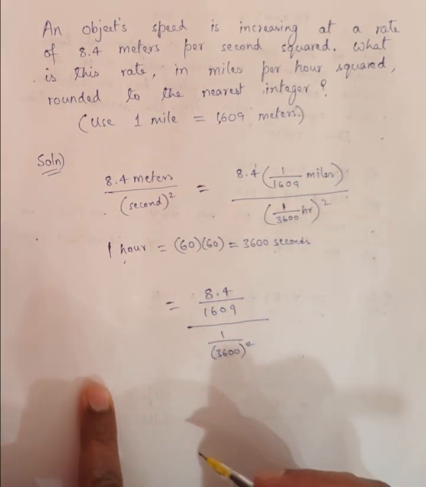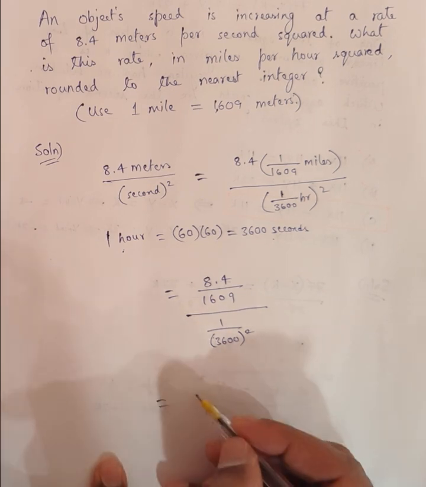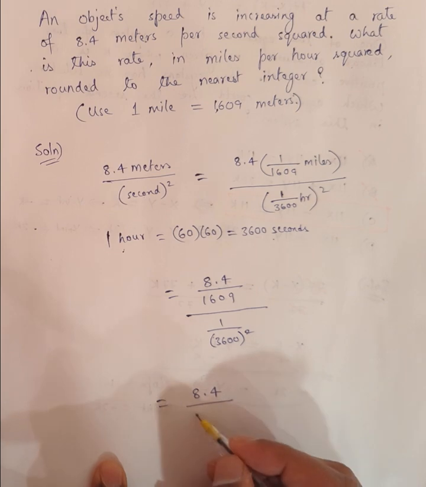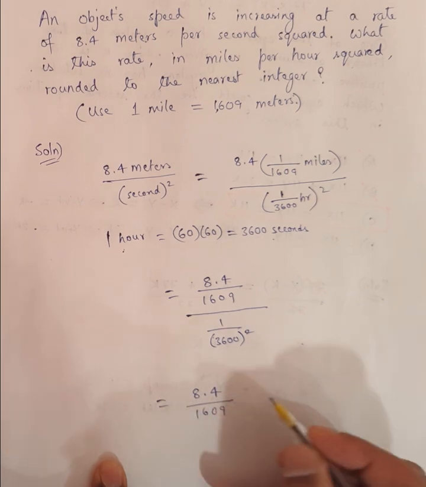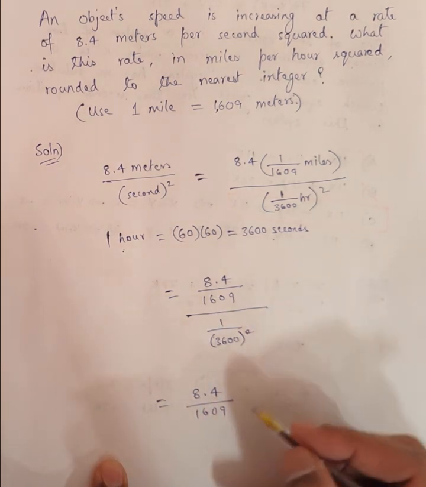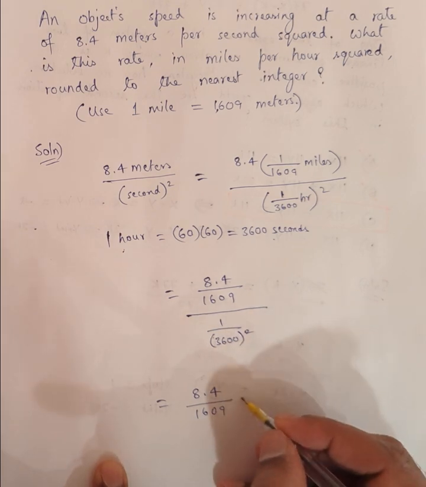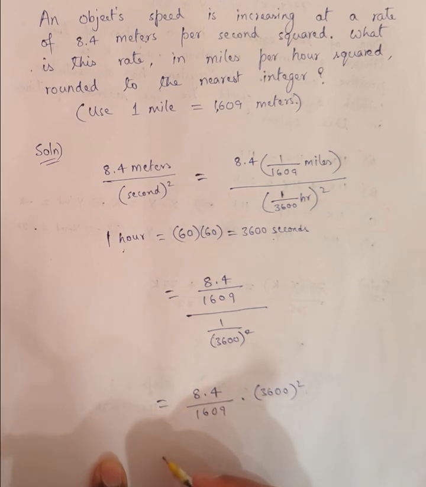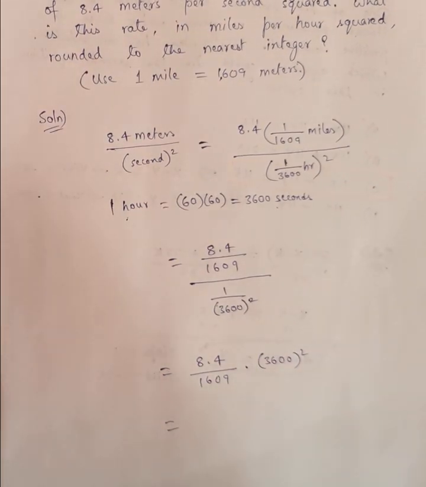And how do you divide one fraction by another? You simply copy the first fraction, which is 8.4 over 1609, and then you flip the denominator fraction. So this is going to be 3600 square. Now all I'm going to do is put this in a calculator.